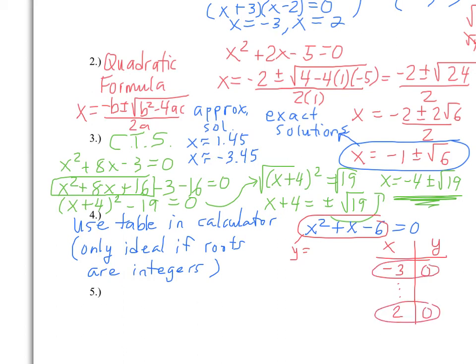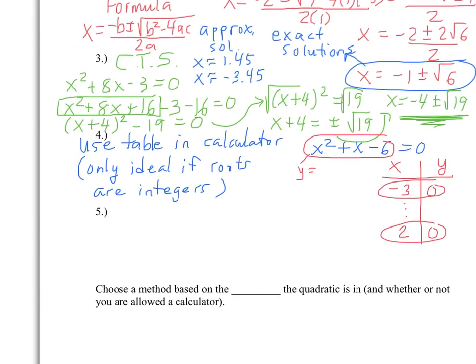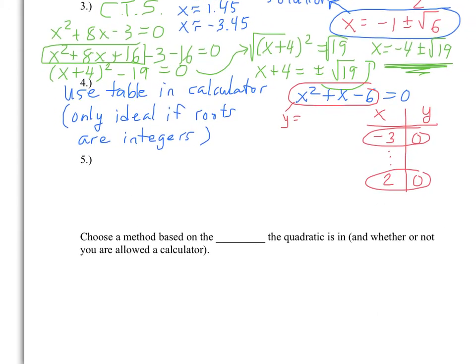Okay, again, we're not going to spend really any time on that because it's only ideal, like I said, if we have integer values. Sometimes you might have one integer and then one non-integer, so it's really not an ideal technique. The last technique is to do it graphically.